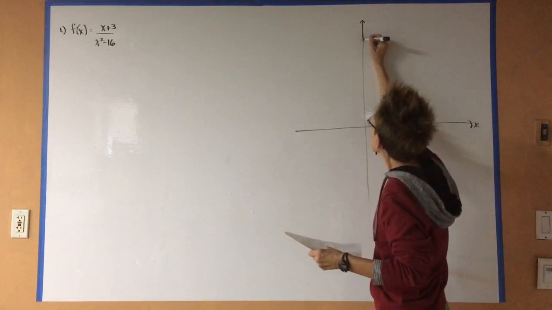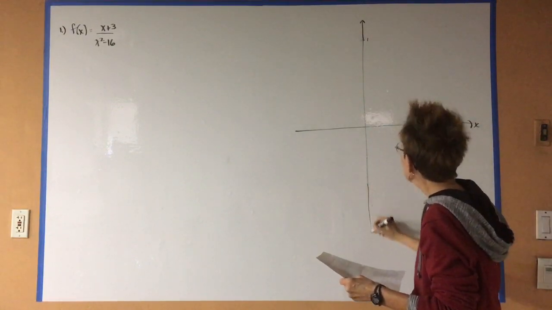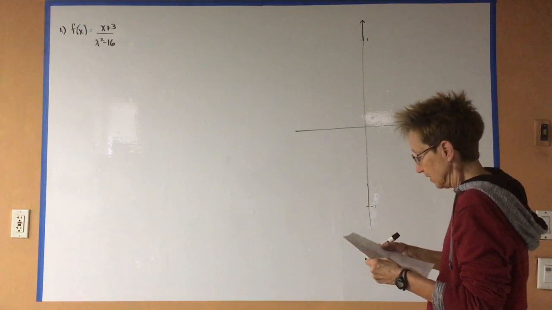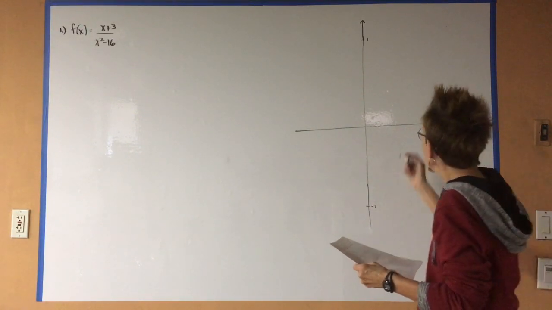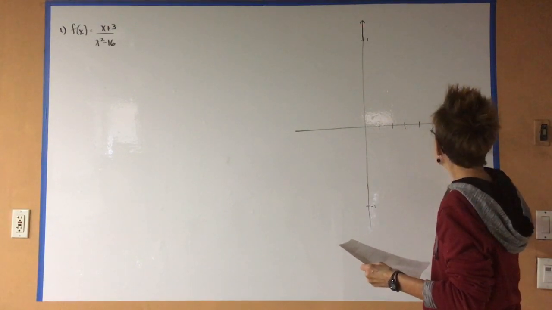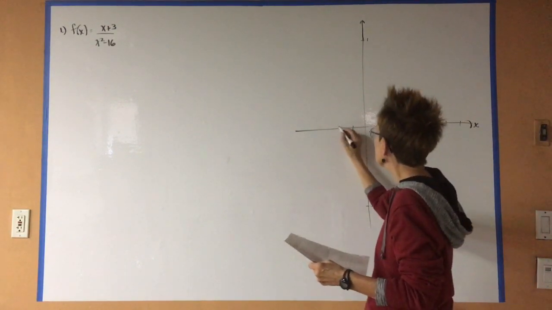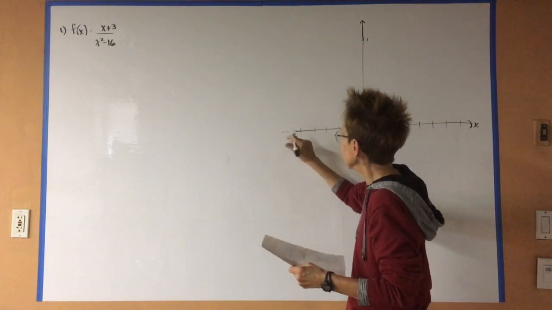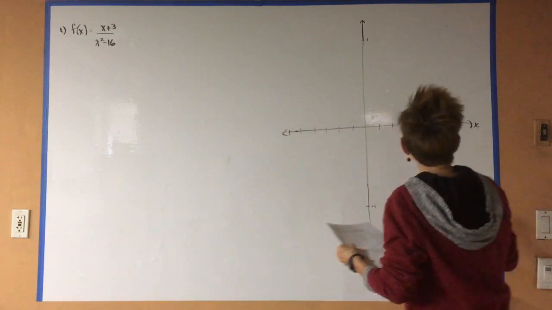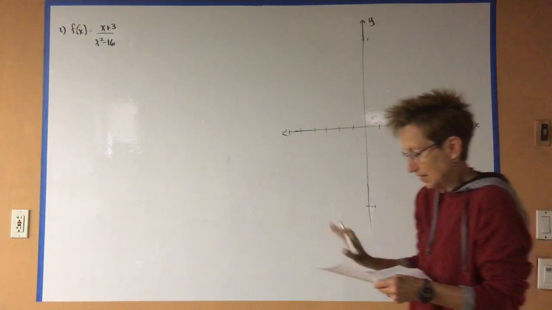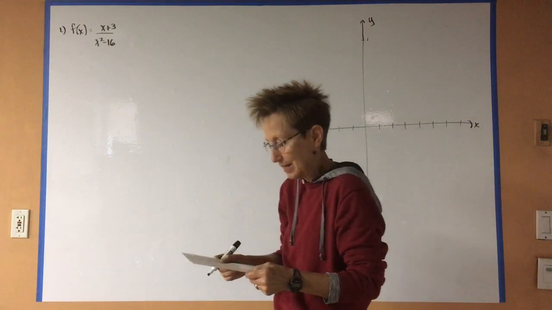It looks like I put 1 up here, and so -1 down here, and then these I just split up smaller. 1, 2, 3, 4, 5, 6, 7. 1, 2, 3, 4, 5. We'll stop there. So just trying to give you a little bit of help in terms of setting up the axes.